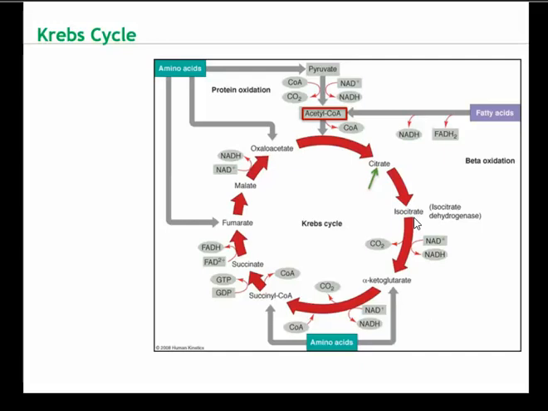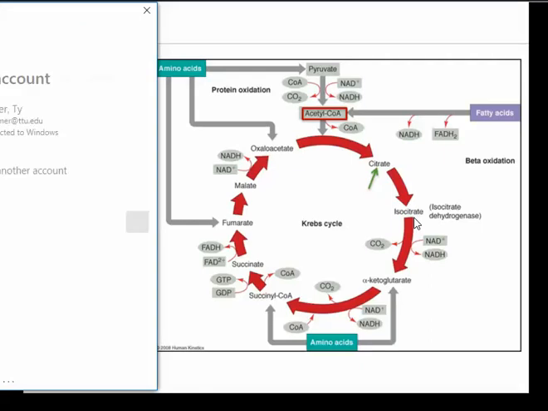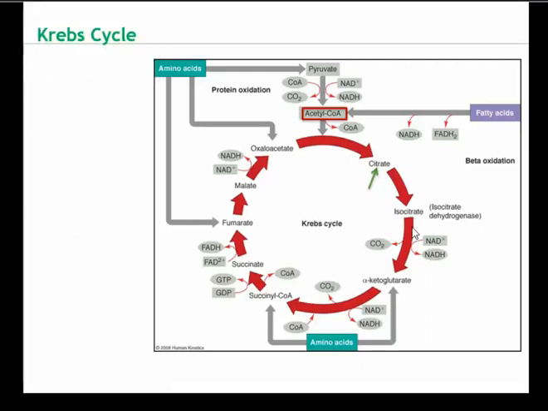So that's an isomer, and citrate and isocitrate are basically identical. Isocitrate dehydrogenase is going to be the enzyme that helps with that conversion between citrate and isocitrate. So that enzyme works right here.